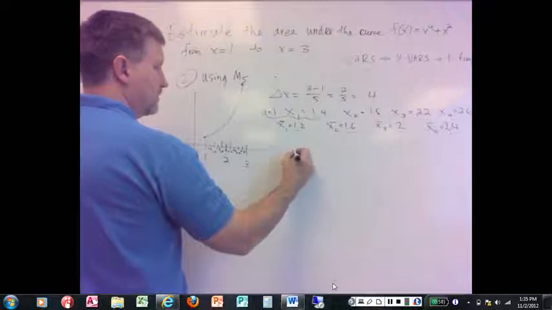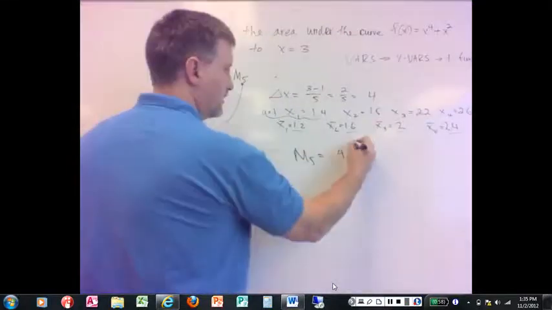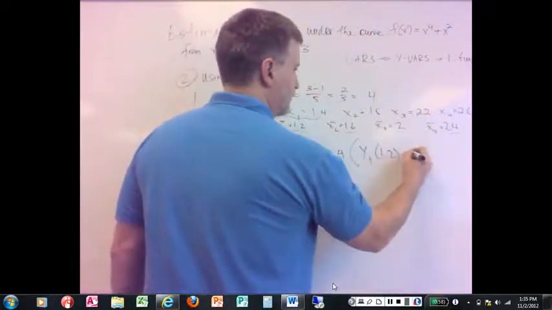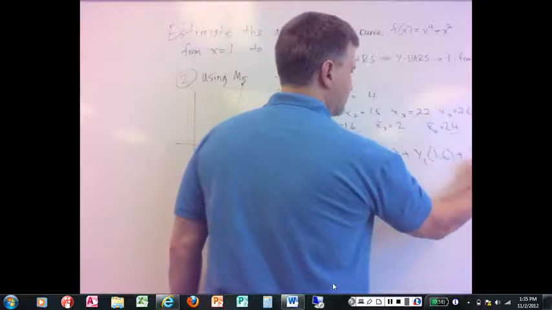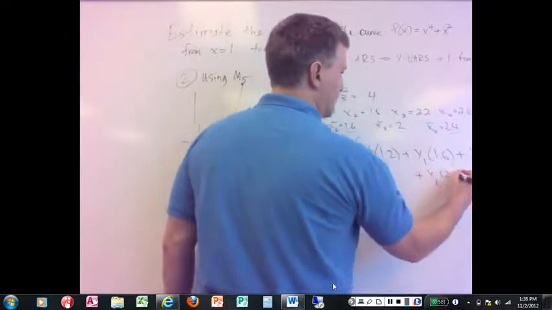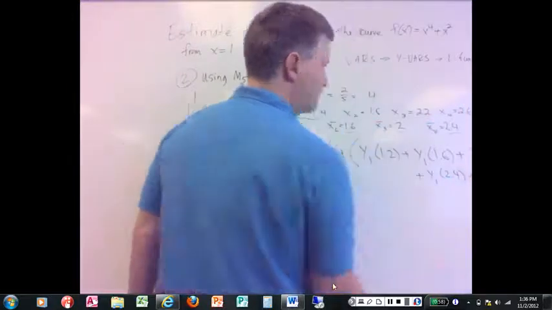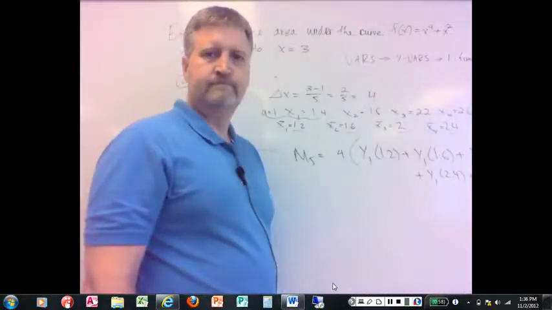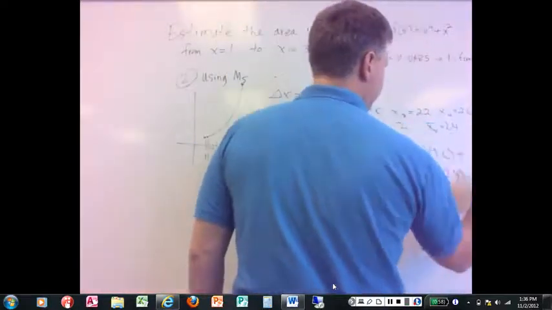All right, so M5 then, I would take 0.4 times all those. So that would be y1 of 1.2, y1 of 1.6, y1 of 2, y1 of 2.4, and y1 of 2.8. Going off the screen here.